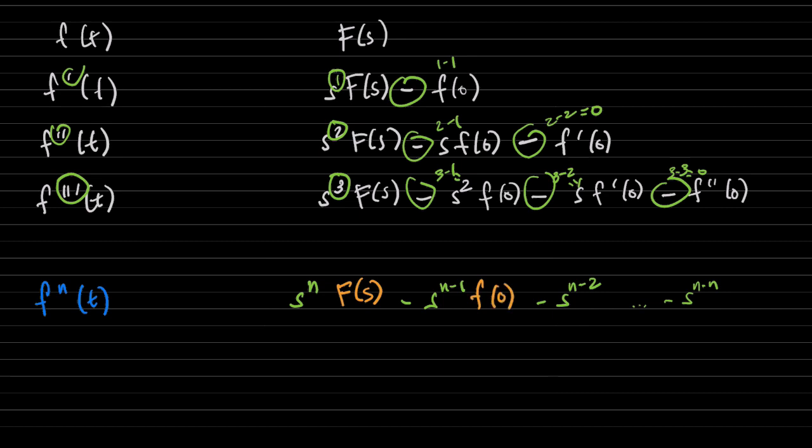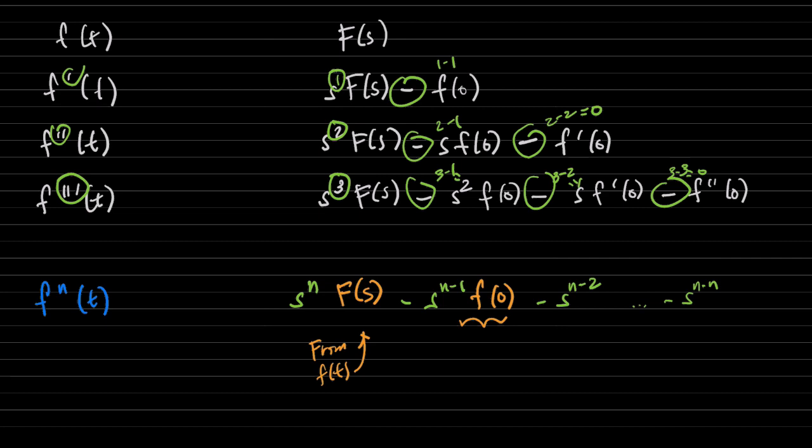So ang nangyari from the Laplace transform itself ng f of t. So ito yung Laplace transform ng f of t, and then ang susunod sa kanya ay f of 0, and then yung mga subsequent ay increasing na degree ng derivative.